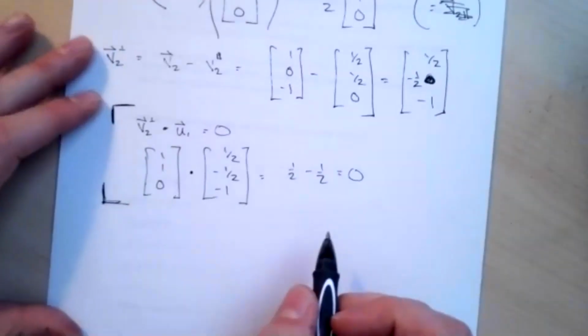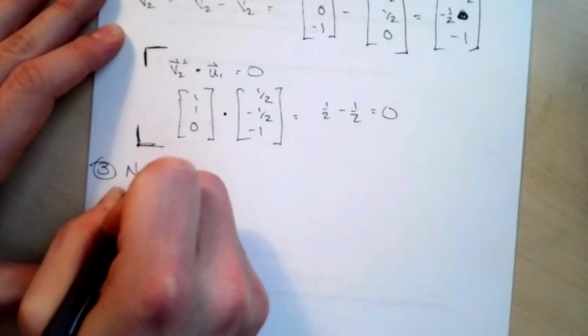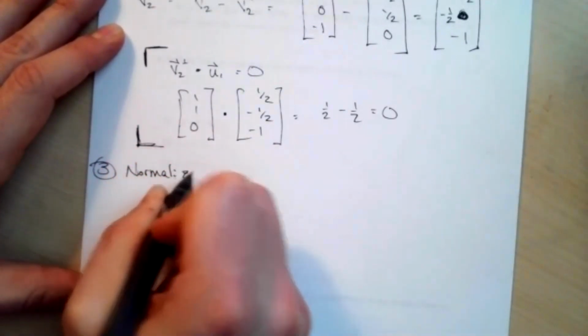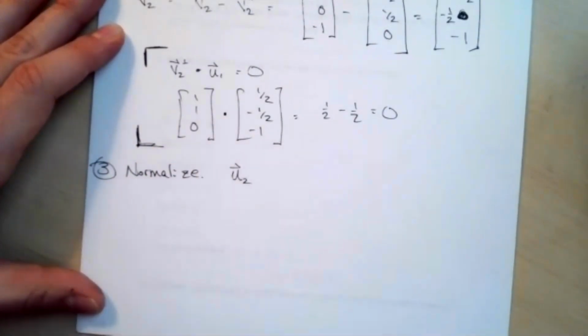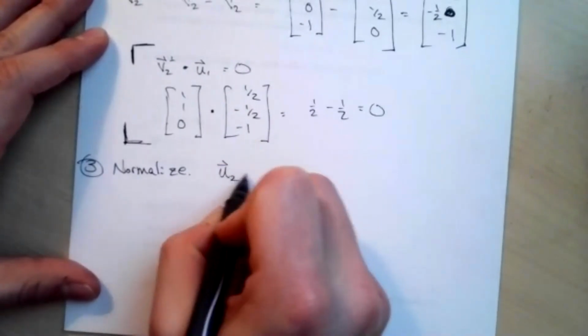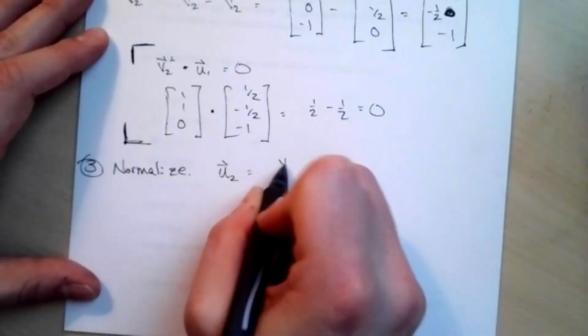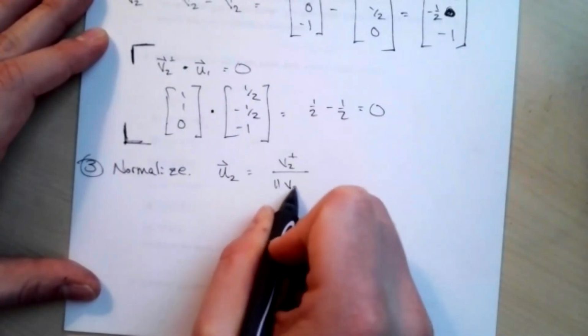So what is our next step? Is to just normalize. So the second orthonormal vector we have in our set is just going to be the perpendicular component divided by its norm.